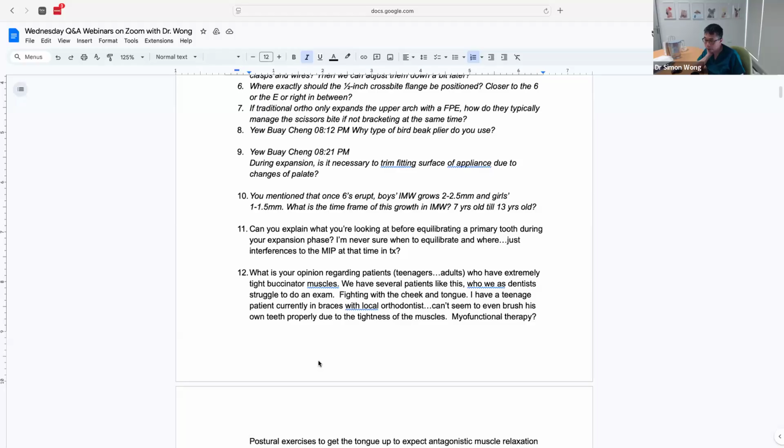And if it's locking us into a class 3 or locking us into a class 2, then I will reduce that tooth surface so that the jaw can slide a little bit further forward in a class 2 or a little bit further back in a class 3. And again, at the end of the arch development phase.